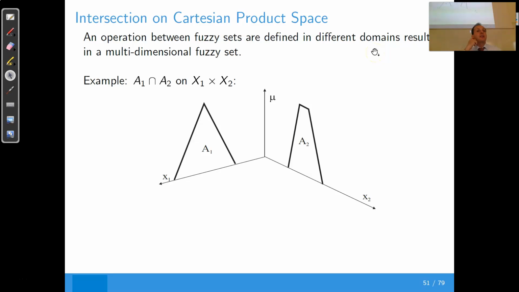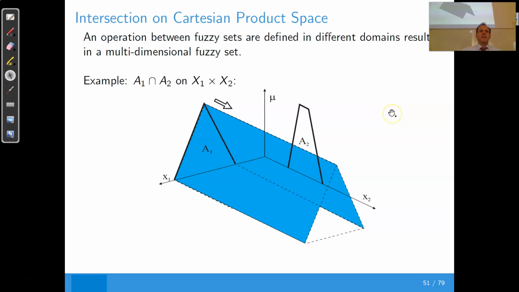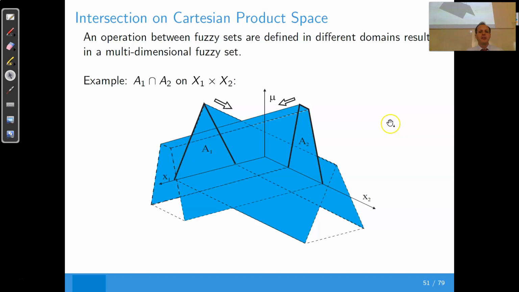So it's not the intersection in the same domain as we saw in the one-dimensional case, but in this case it means that you perform the cylindrical extension. As you can see here, to me it is very simple from a graphical point of view. So you perform the cylindrical extension and you find the intersection. Of course, from a mathematical point of view, it is a little bit complicated to define this operation, but we will see later how we can solve this problem.